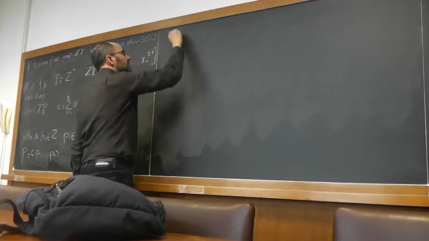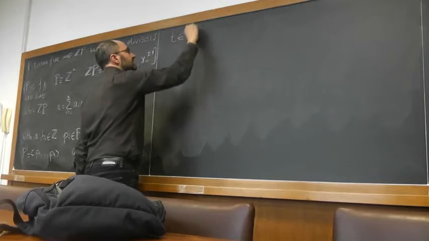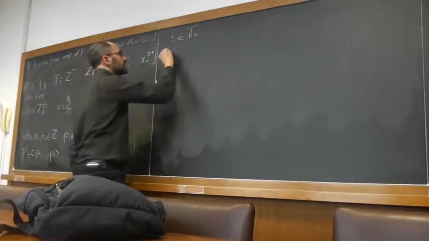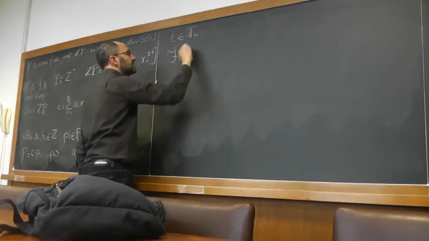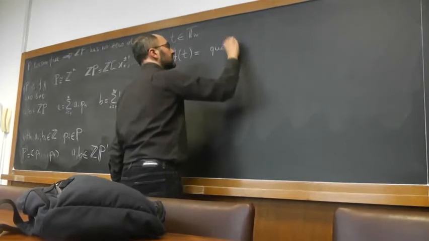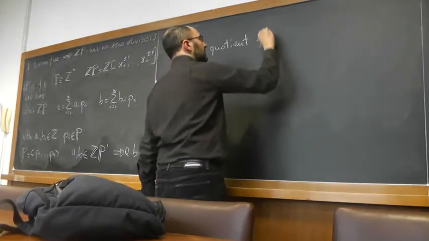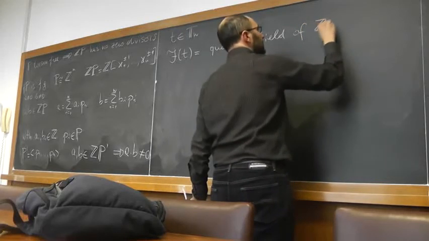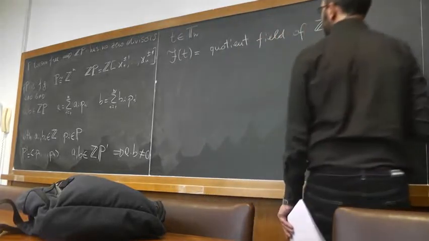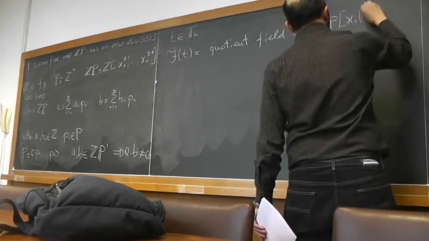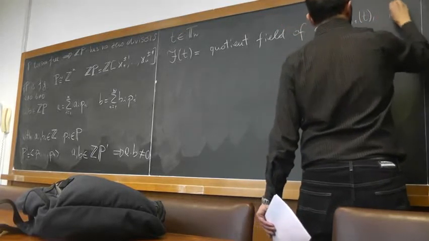We take a vertex t, and we define the field Ft as the quotient field of ZP in the variables x1,t, ..., xn,t.